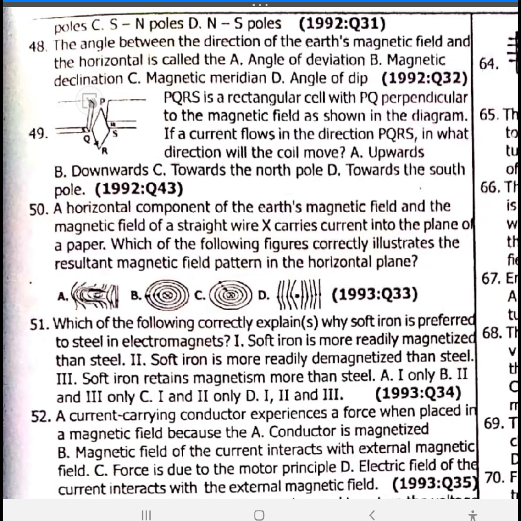Let's go again, that's 48. The angle between the direction of the Earth's magnetic field and the horizontal is called the angle of dip.